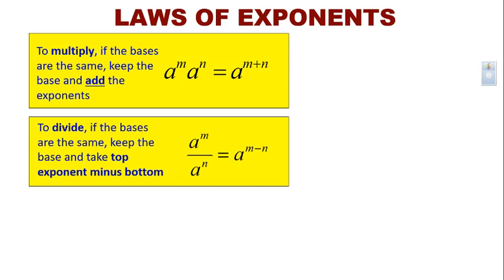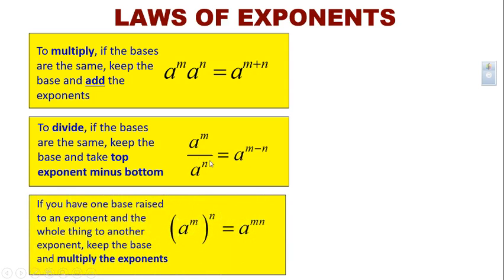If you divide two numbers with the same base, then you subtract the exponents. And thirdly, if you raise a number that already is raised to a power to another exponent, really what you should do is multiply the exponents.